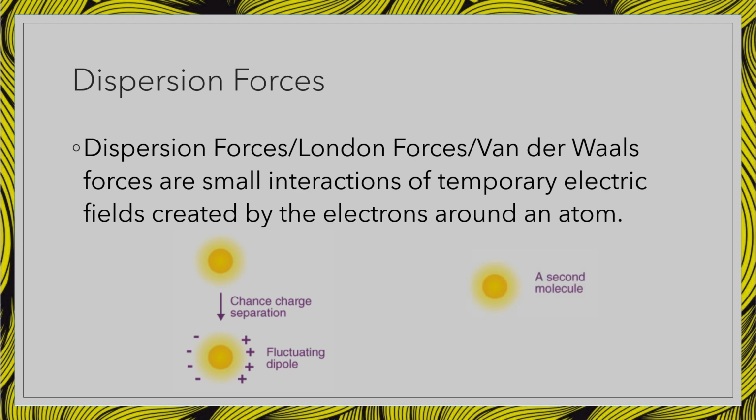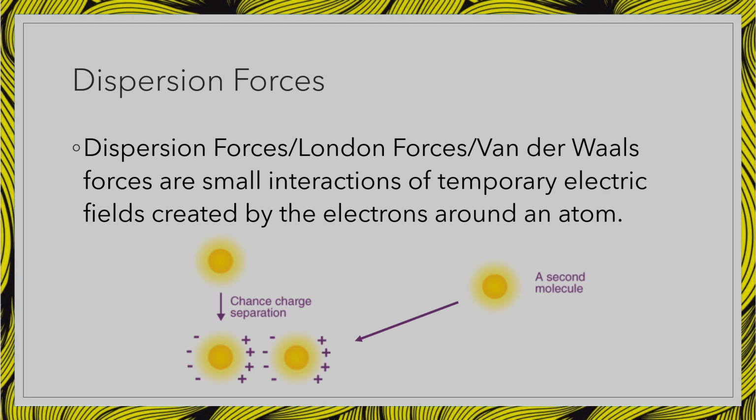We then have a second molecule. When it's brought close, those charges affect the charges in the other one. Okay, so the charges in the first, where there's that chance charge separation, will affect the electrons around the second one in that the positive side of the first molecule will draw the electrons towards it, making that side negative in the second molecule.